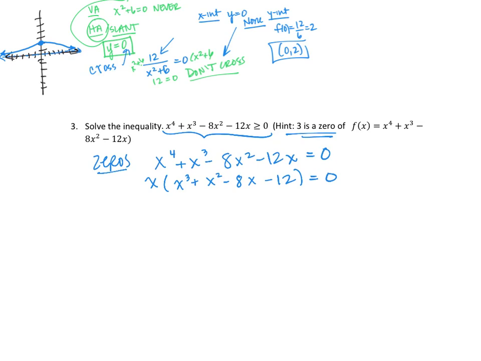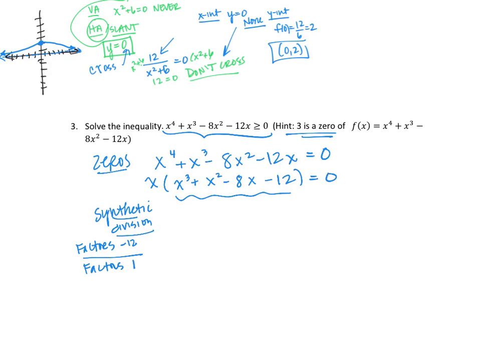And so when I'm trying to find all these zeros, and I have this next inside part, I want to try something. I might try grouping, but grouping's not going to work. So remember we had to try synthetic division, and we would look at all the possible zeros. The possible zeros here would be the factors of the constant term, which is negative 12, over the factors of our leading coefficient, which is 1.